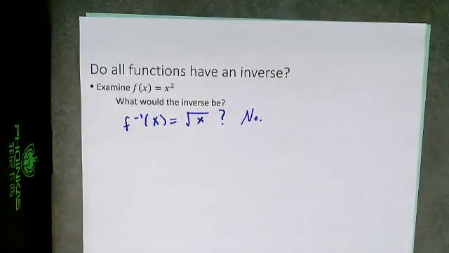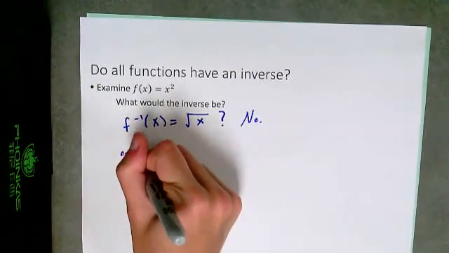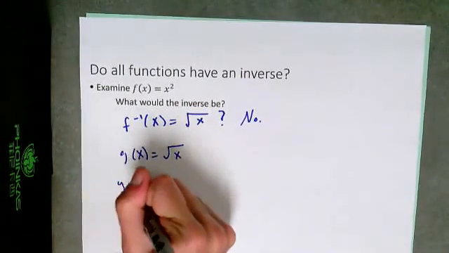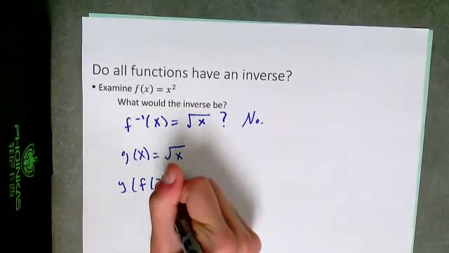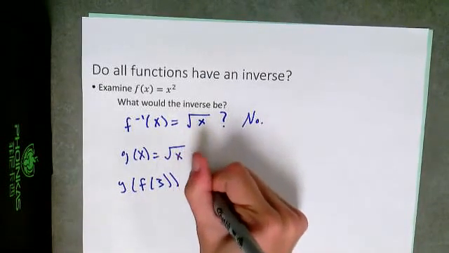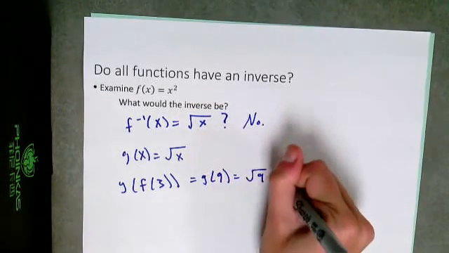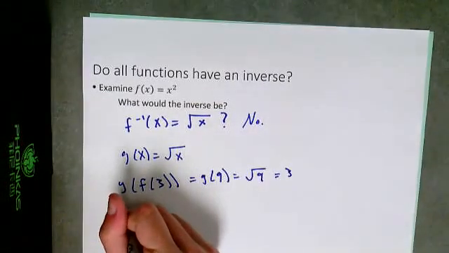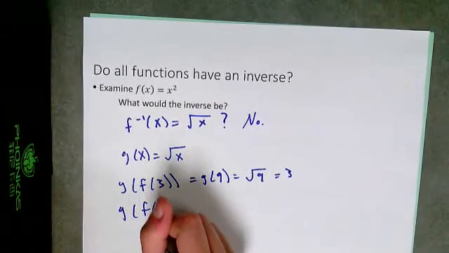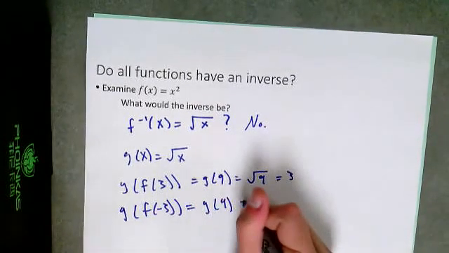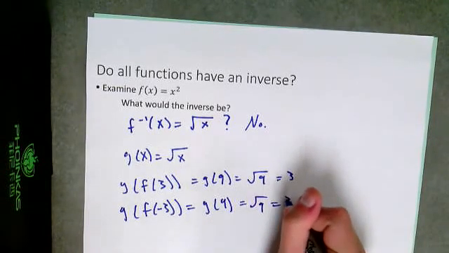No, not this. So let's see how this fails. If you let g of x equal the square root of x, then g of f of 3 is equal to g of 9, which is equal to the square root of 9, which is equal to 3. And if you have g of f of negative 3, this is, again, g of 9, square root of 9, 3.